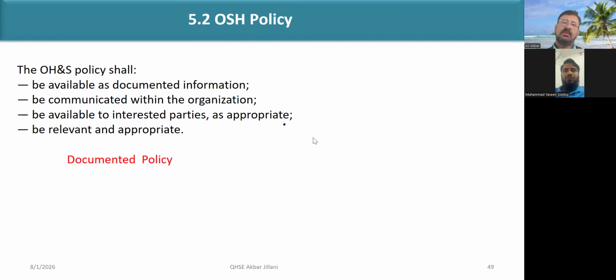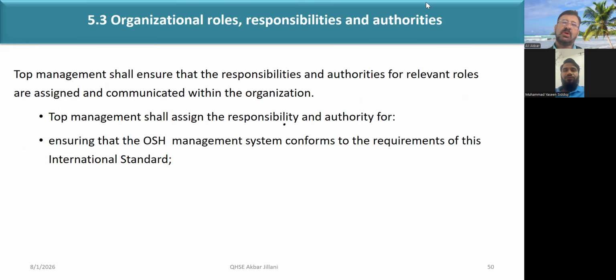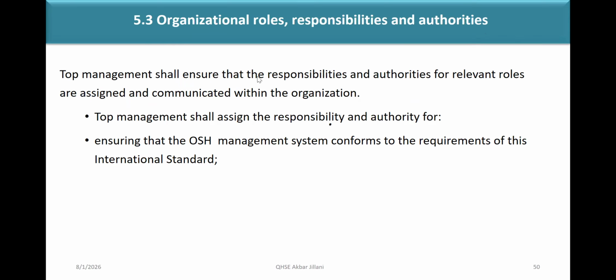Done. Now we are coming to the 5.3. Top management shall ensure that the responsibility and authorities for relevant roles are assigned and communicated within the organization.